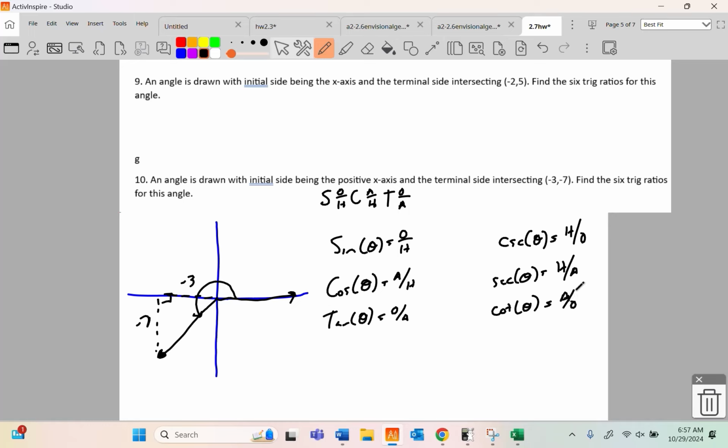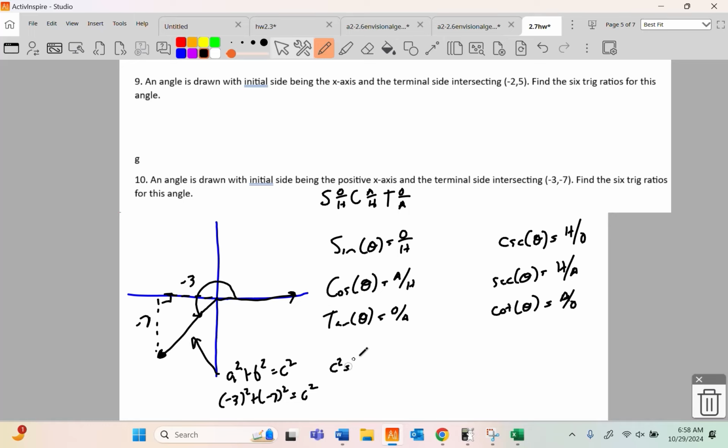So anyways, let's go through and find these things. To do the sine ratio, you're going to have to use that really ancient theorem called the Pythagorean theorem, a squared plus b squared is c squared. You're just going to plug your numbers in here. Remember to wrap negatives when you square because you're button pushers. And I don't know how to fix that. So -3 squared is 9, 7 squared is 49, 9 and 49 makes 58.